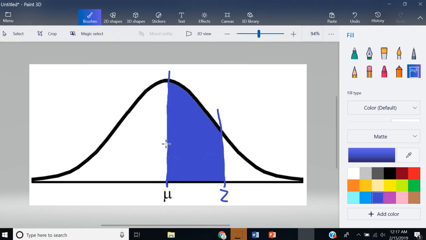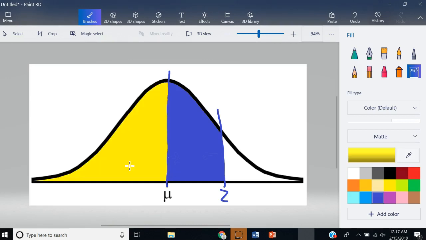But that's not the area we need to plug into the inverse norm function. What we need to plug in is the area from the z-value all the way down to negative infinity. In this case, we stopped at 0.